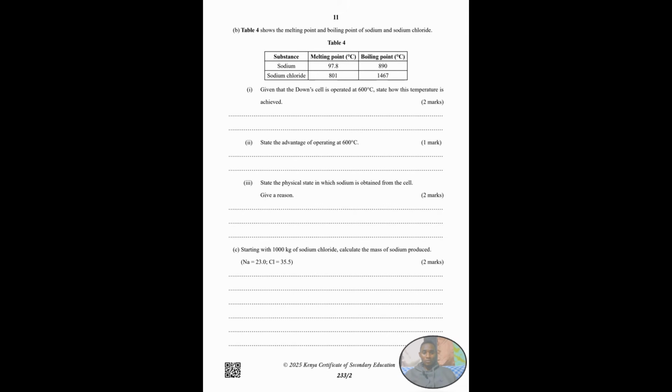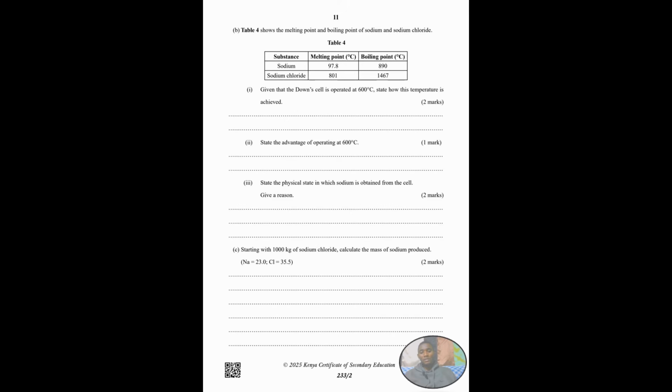So given that the down cell is operated at 600 degrees Celsius, state how this temperature is achieved. When you look at it, the melting point of sodium chloride is above the operational temperature, which is 600 degrees Celsius, and even the boiling points of sodium and sodium chloride are also above the operational temperature during the extraction of sodium metal. So how do we achieve this temperature?